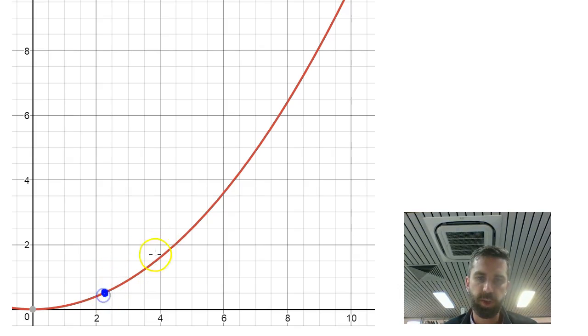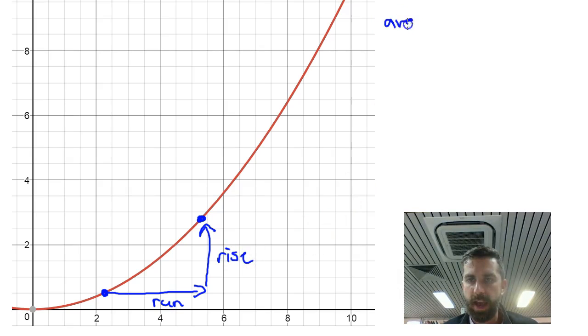So if we pick 2 points again, say from here to here, that's not really a straight line in between, but we can still look at the run and look at the rise, and we can say that the average gradient equals the rise over the run in this case.